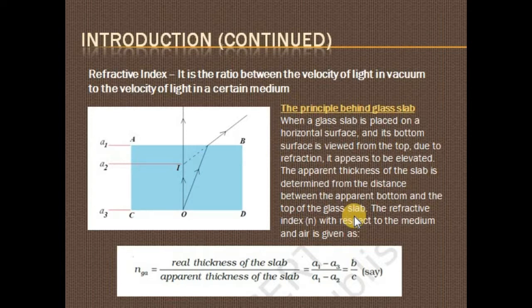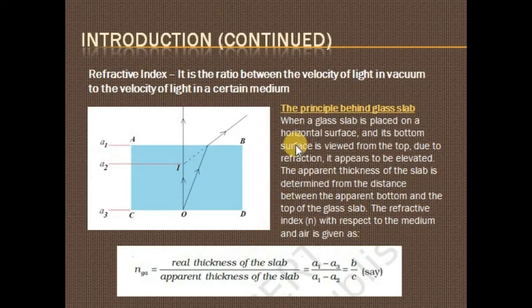If it were less than 1, it would mean that the velocity of light in a certain medium is greater than the velocity of light in vacuum, which is not possible. So the refractive index of any medium is either equal to 1 or greater than 1.